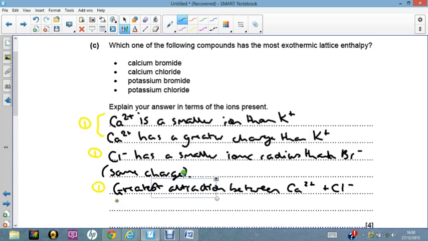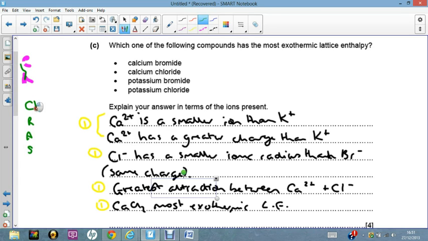And finally, just remember when you're answering this question, you should follow the standard answer, so we've got charge, radius, attraction, size.